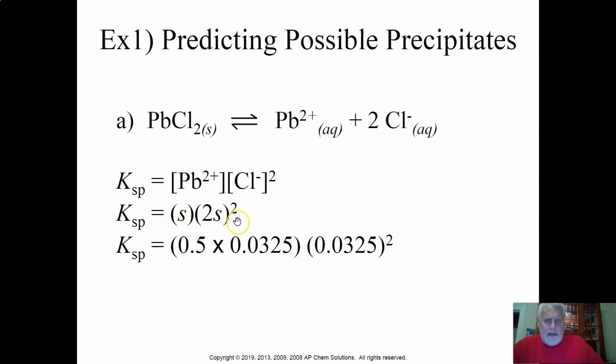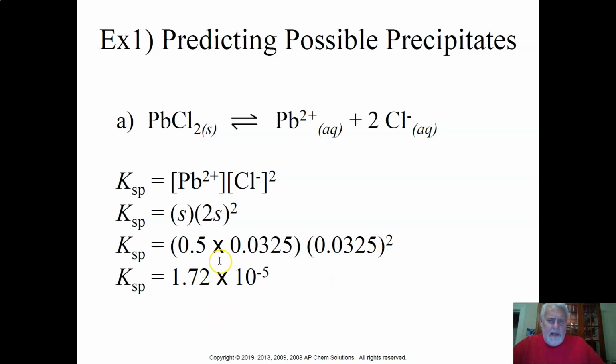The thing about this one is we don't know the KSP, but we do know the chloride ion concentration, and this is the little curveball they like to throw at you. If they give you this one, you just double it. But here you've got to recognize that you cut this one in half in order for these to be at the equilibrium concentration. So that's just working that problem in reverse.